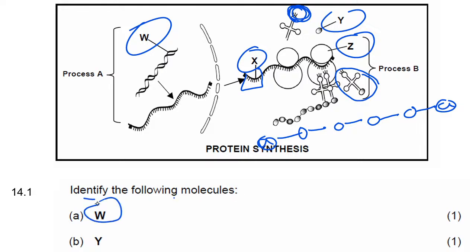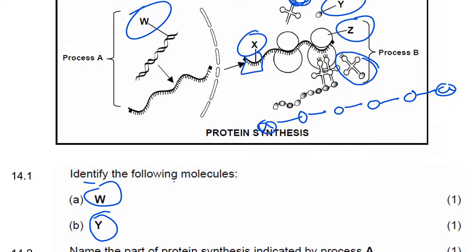Identify the molecule W. DNA molecule. What is Y? We said amino acid.